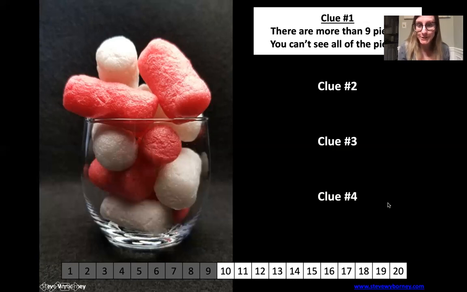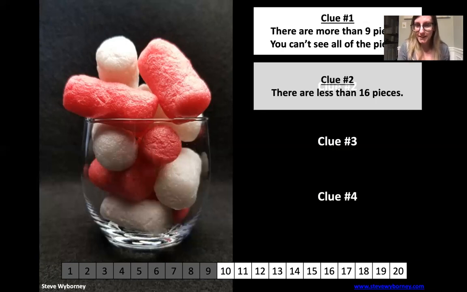You ready for your next clue? Do you have an estimate written down that's more than 9? Here we go. There are less than 16 pieces. So we could also say fewer than 16. Let's see what happens to our number line when we say it's fewer than 16. Was your estimate fewer than 16 or less than 16?